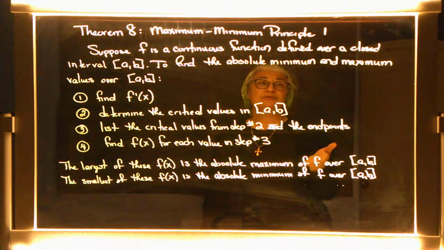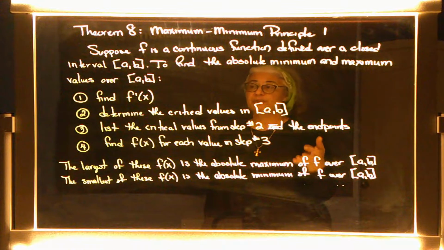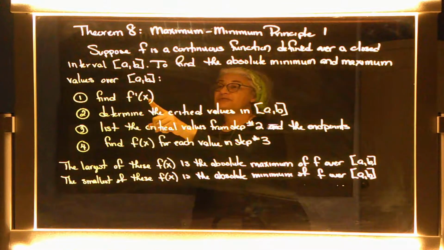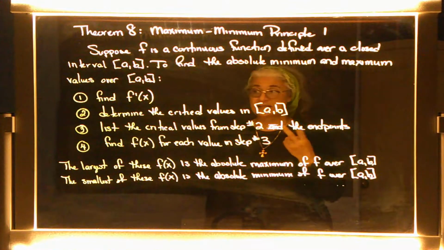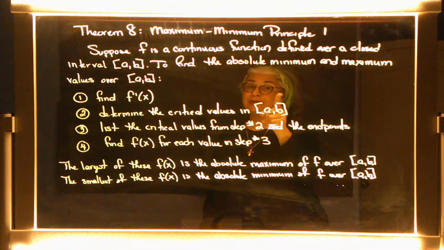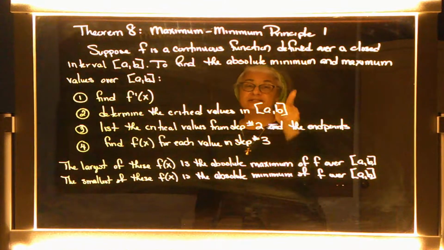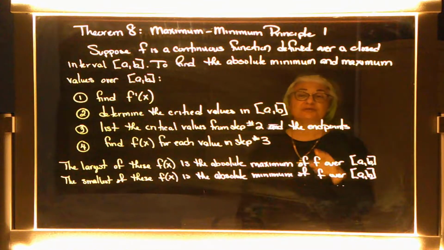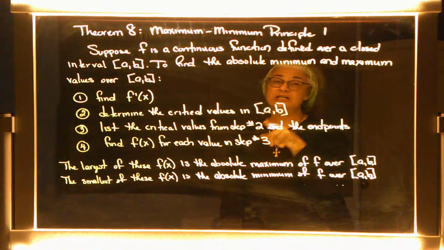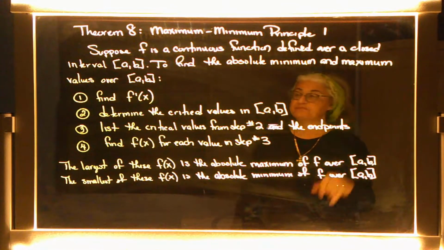To find the absolute minimum and maximum values over that closed interval a, b, first, find the derivative. Second, determine the critical values and make certain those critical values are in the closed interval a, b. Because here's the deal, if you find critical values and they're not in this closed interval, you can't use them. All right, plain and simple, can't use them.